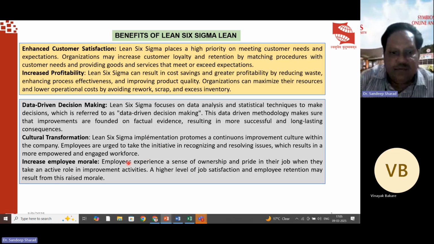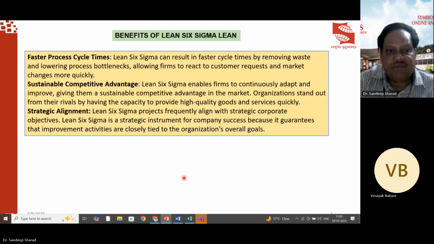Increased employee morale: employees experience a sense of ownership and pride in their job when they take an active role in improvement activities. A higher level of job satisfaction and employee retention may result from this model.